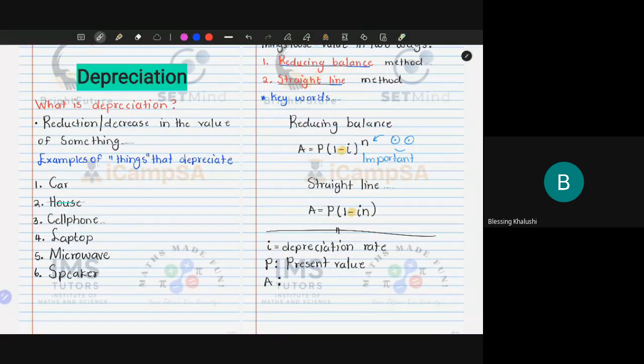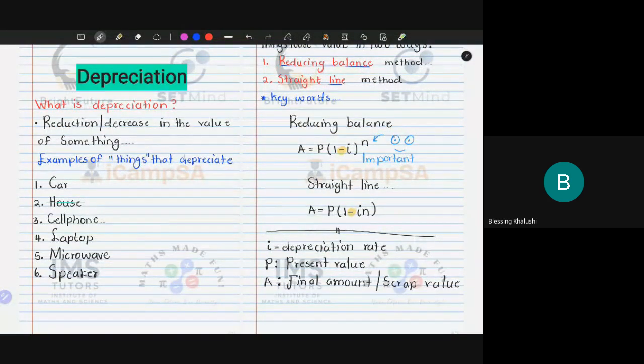So we're not accumulating. Do you see that? So A, it's the final amount. We can call it that, or we can call it the scrap value, because as something is losing value, it's becoming scrap, isn't it?